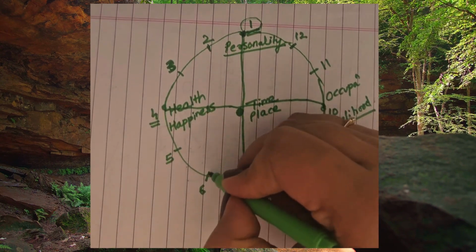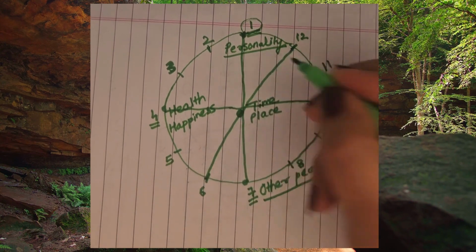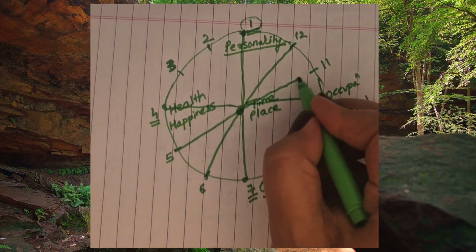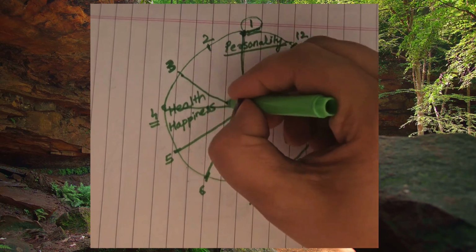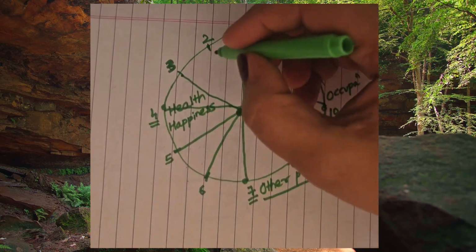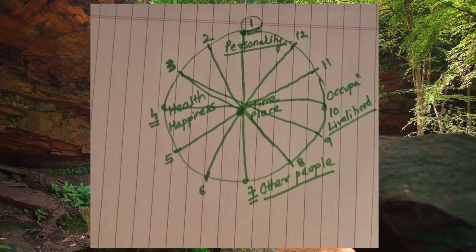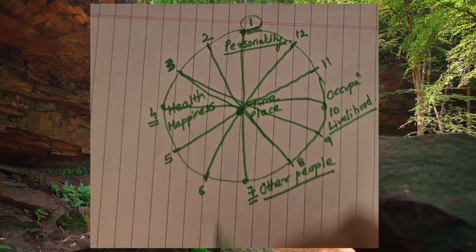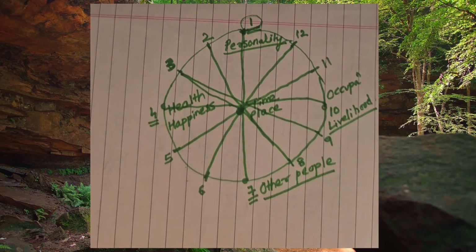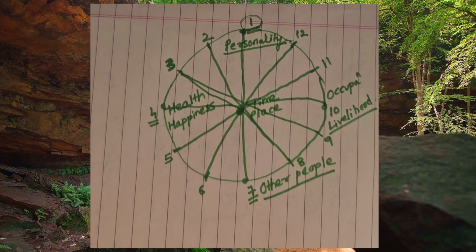If we come to partitioning or dividing this zodiac into 12 pieces, this is how they will look. So these become the 12 houses of the horoscope.